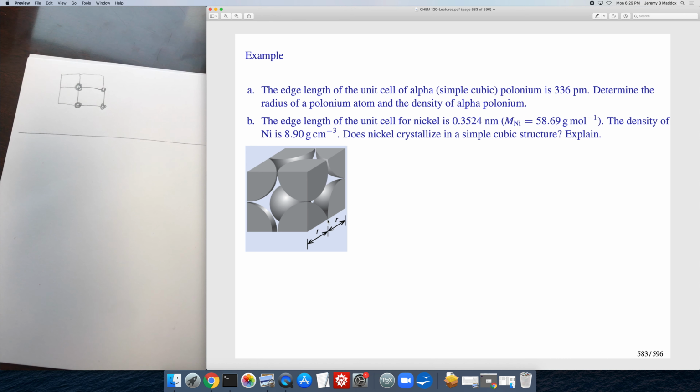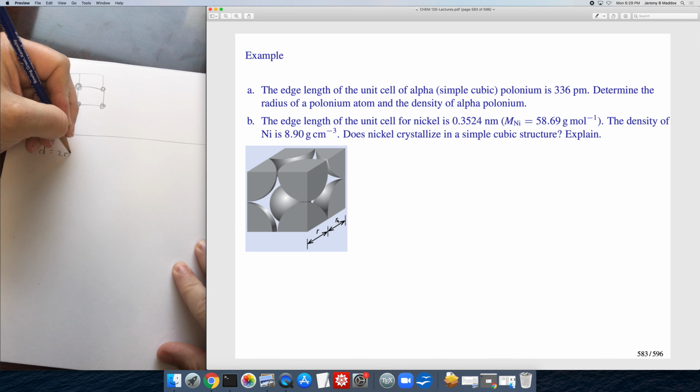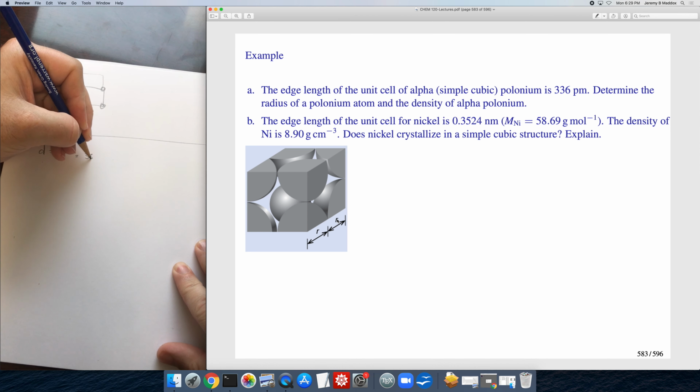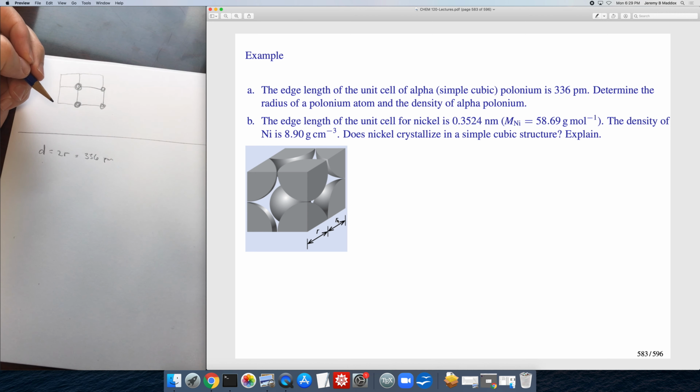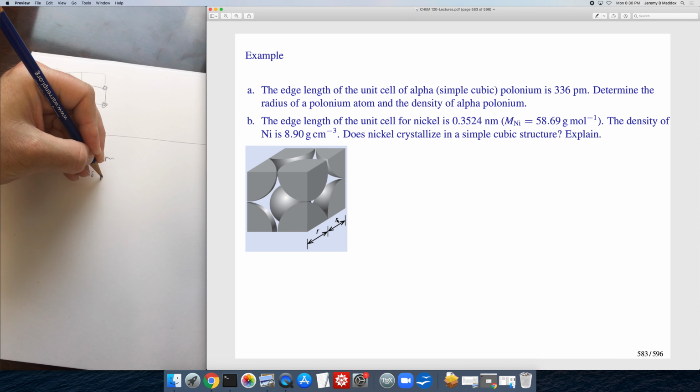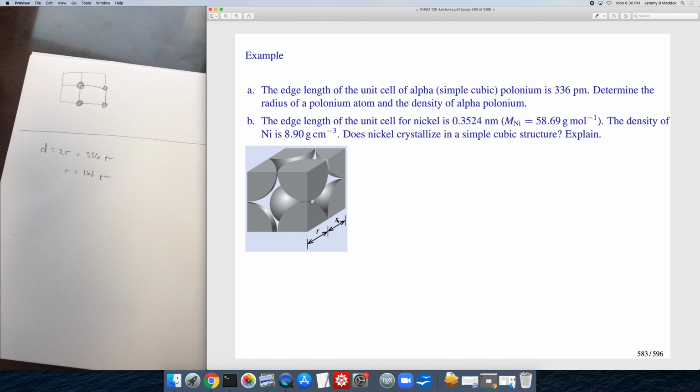If you look at the picture, we can think of the edge length as being a full diameter of polonium. So the diameter, 2 times the radius of the atom, is equal to 336 picometers. What would be the radius of the polonium? We take 336 divided by 2, and we get a radius of 168 picometers.